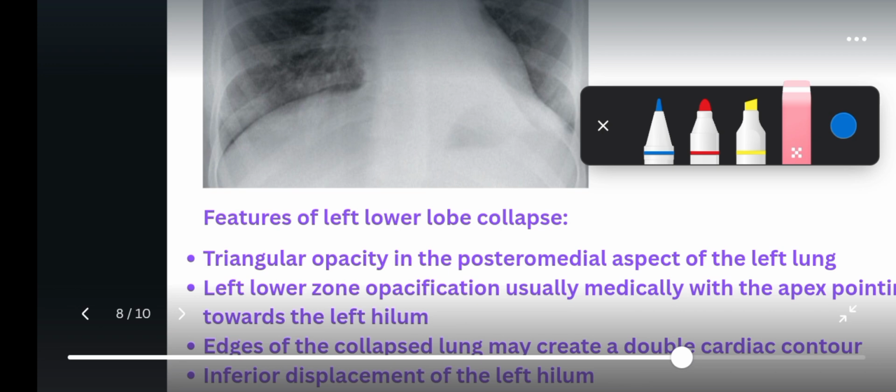Then left lower zone opacification, usually medially, with the apex pointing. That is what I just said. Then edge of the collapsed lung may create double cardiac contour. We're going to see that in a moment, and I've shown that previously also. Then inferior displacement of the left hilum may be seen also.